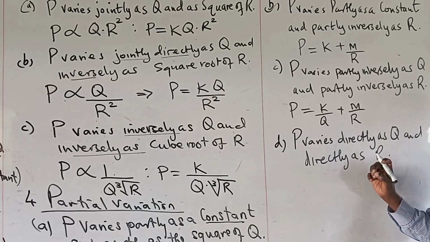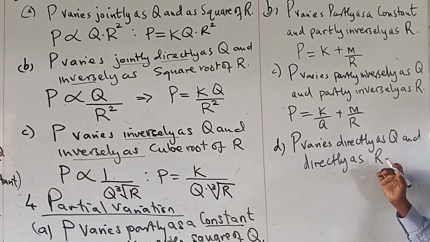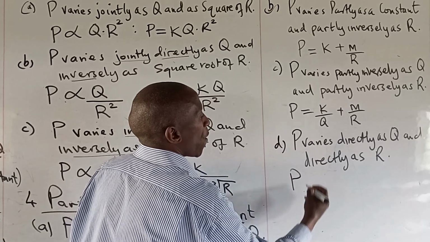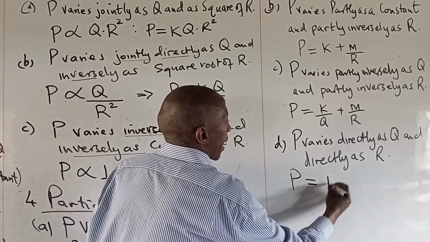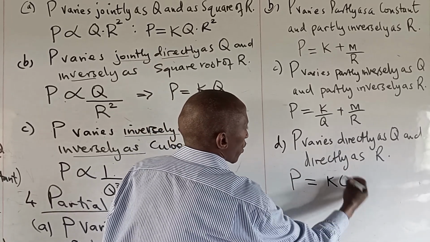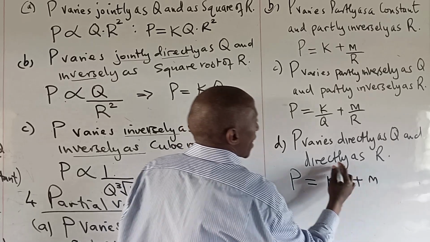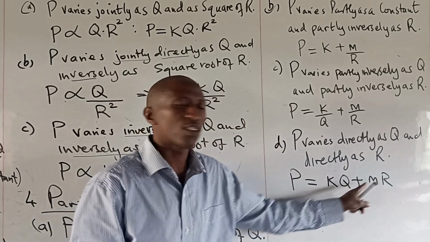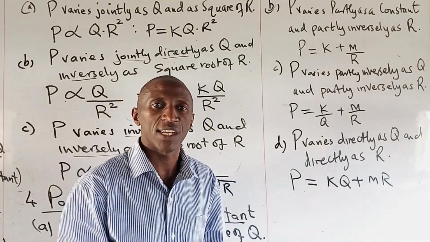If inverse is implied, it will have to be stated, and therefore that comes to be P varies directly as Q and directly as R. You can see each of them has its constant of proportionality.